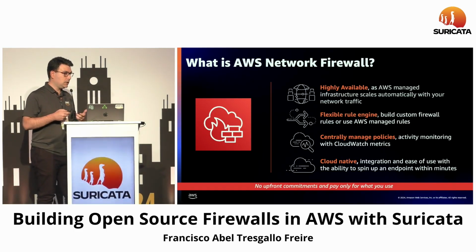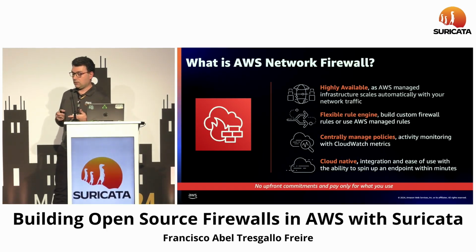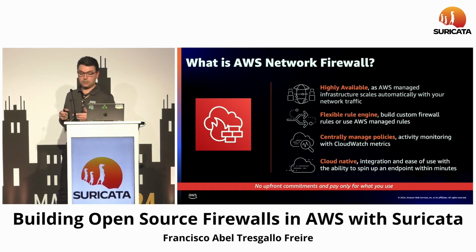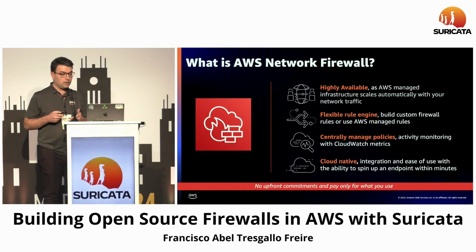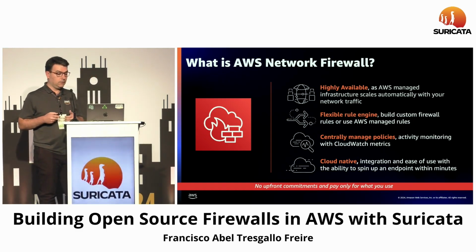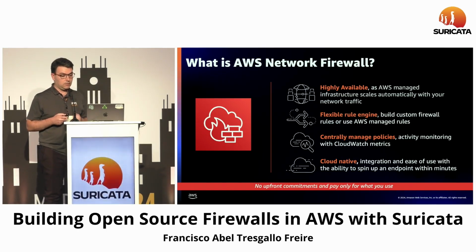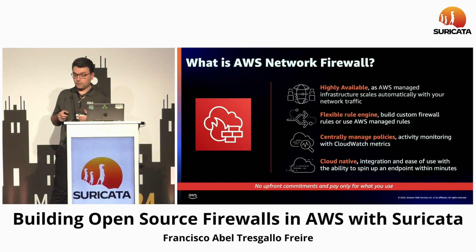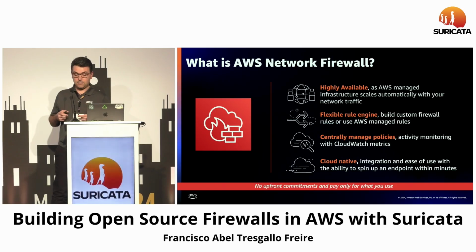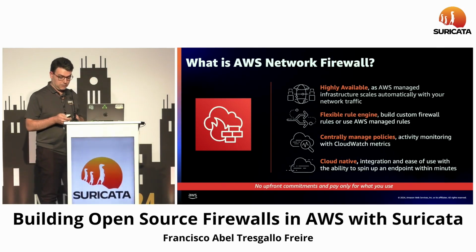For instance, some customers go for a centralized approach, perhaps a more traditional one, but other customers go a different way, using a distributed or decentralized approach, meaning they can deploy as many firewall endpoints as needed, depending on the business objective or requirement. Being a cloud-native service means it's very easy to deploy a firewall endpoint and have something capable of protecting the environment in a matter of minutes.